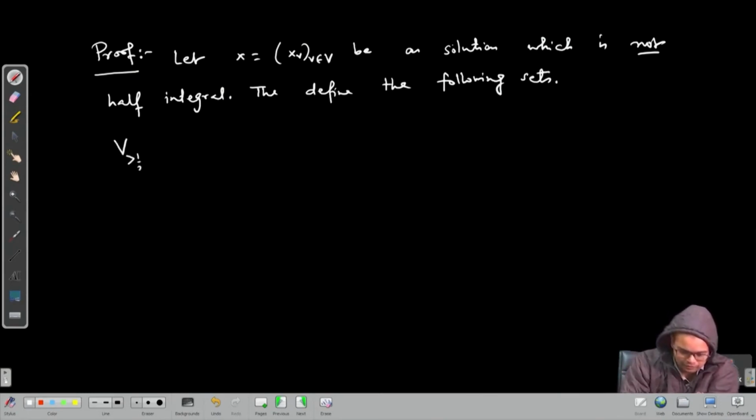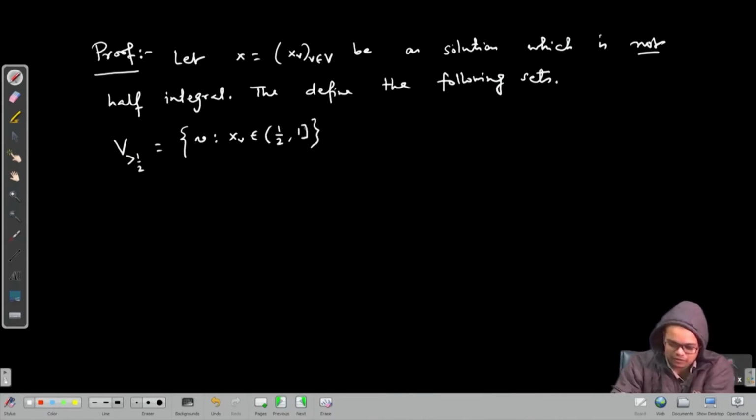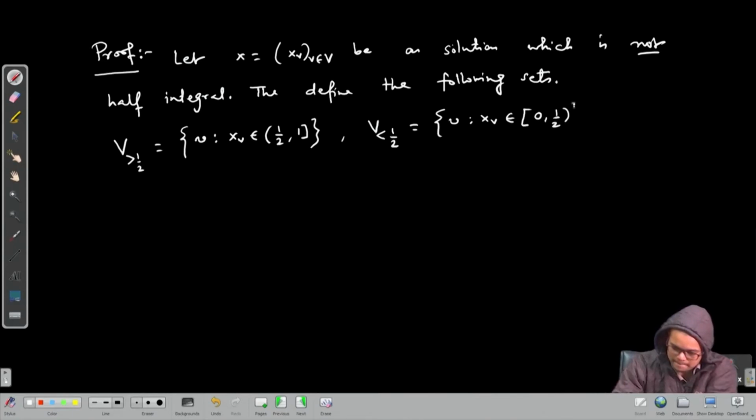V greater than half is those vertices such that x_v is in (1/2, 1], more than half, and V less than half is the set of vertices v such that x_v is in [0, 1/2). Of course, V half is the set of vertices v such that x_v is equal to half.